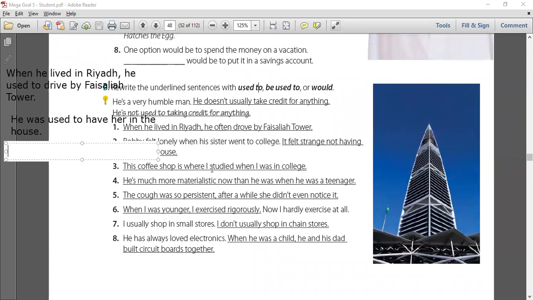This coffee shop is where I studied when I was in college. In this coffee shop, I used to study. Very good. Was I in college? Say it again, please.